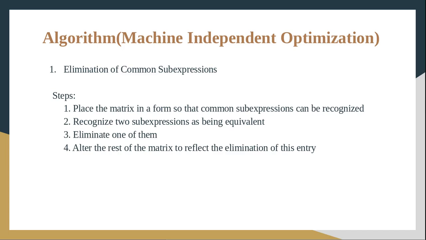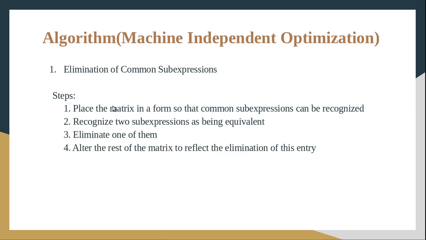That means we have a particular sub-expression repeating more than once. But suppose the sub-expression is occurring in different statements, then we cannot eliminate that common sub-expression. So when we are doing the elimination of common sub-expression algorithm, the condition is that the common expressions must be identical and also must be in the same statement.